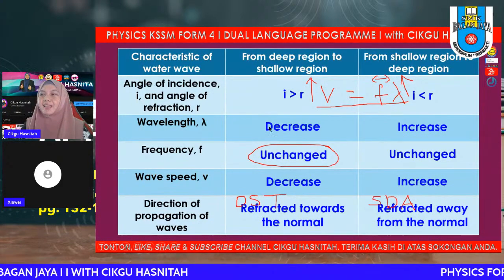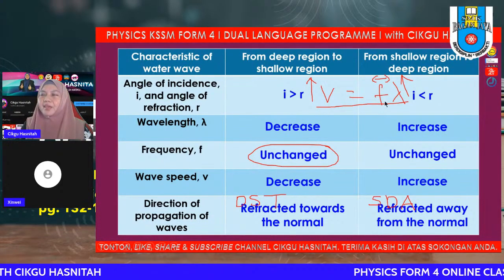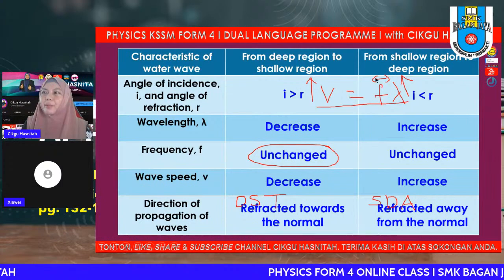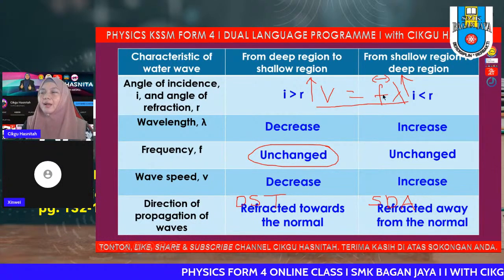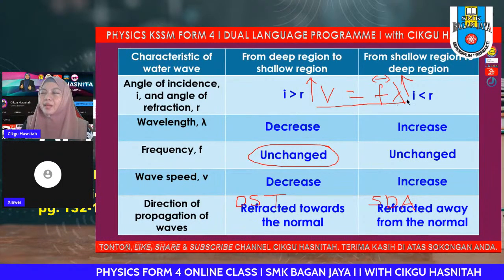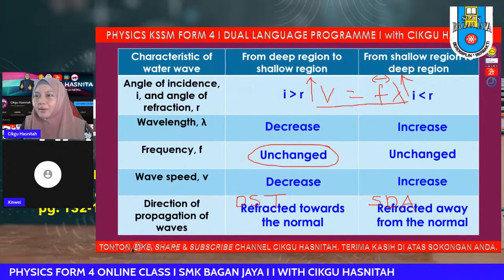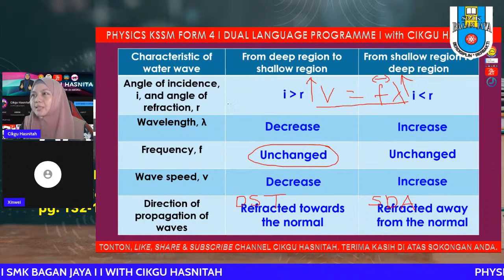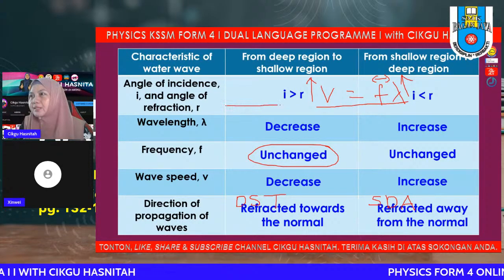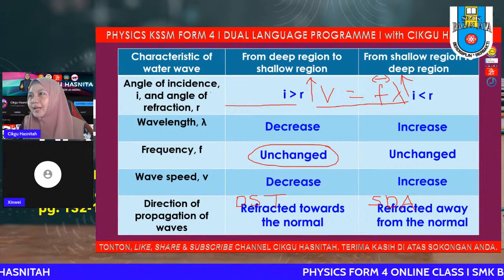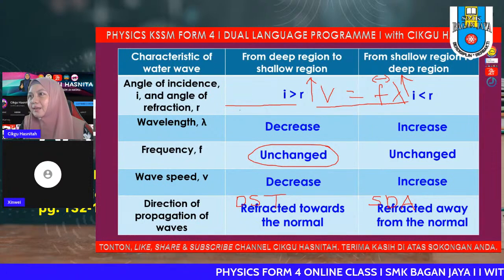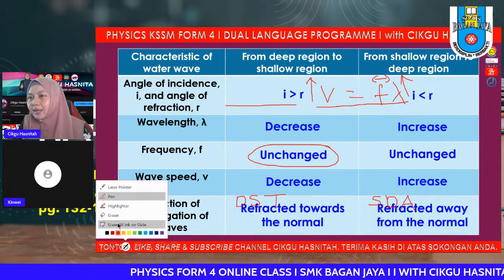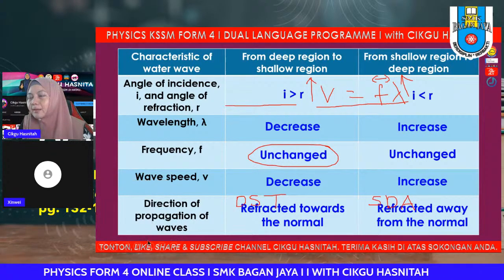Okay, let's say now F is, let's give a number, frequency is 1 Hertz. I give you this example, we draw. Let's say we draw the depth of water. This is the seabed. Let's say the water is like this. Let's say we have a non-uniform seabed. Teacher will erase first.